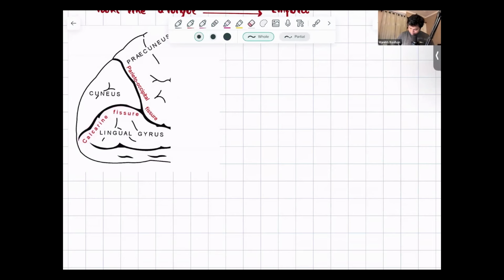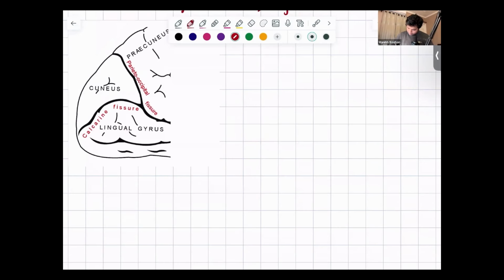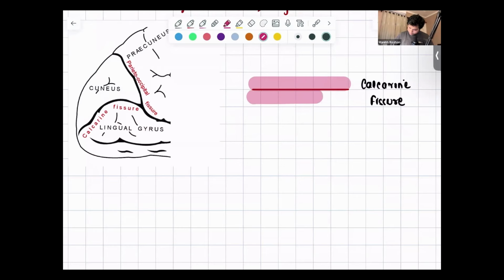So consider the calcarine fissure to be a river. Suppose this is a river, the calcarine fissure. Area 17 is located on the upper and the lower banks.